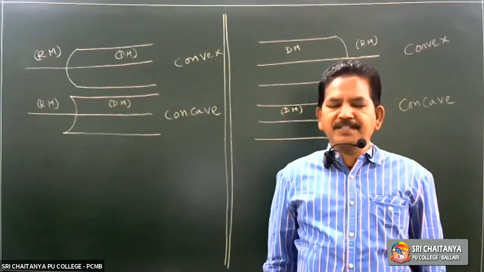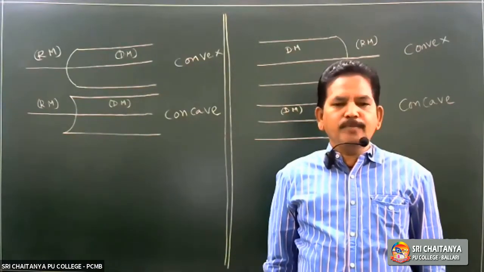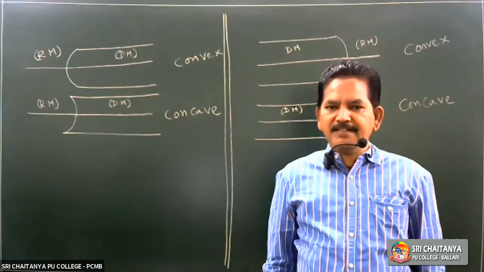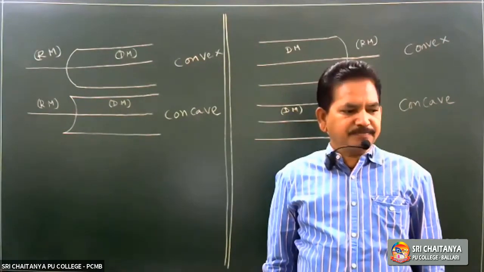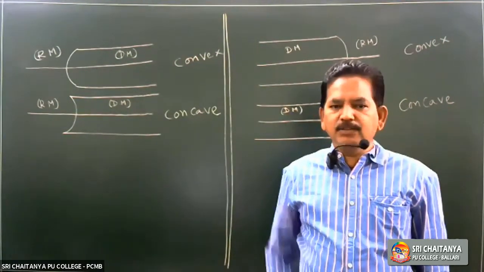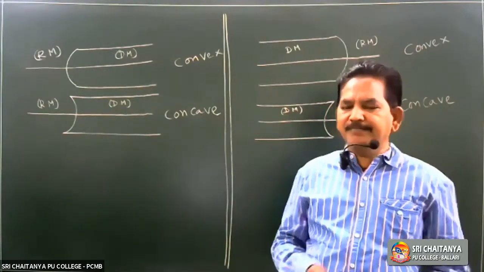The equation is N2 by V minus N1 by U is equal to N2 minus N1 divided by R. Once again, understand those two concepts properly.